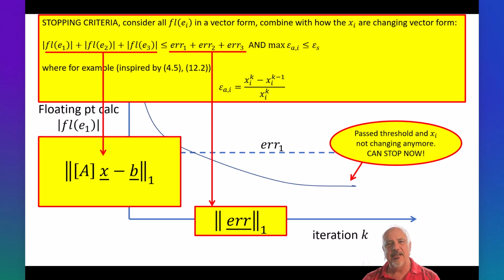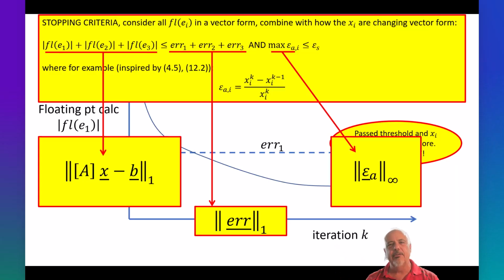So we do that. Then we put that together with looking at how the x sub i's are changing, and we do a max of that. So that's the infinity norm of our relative x changes.